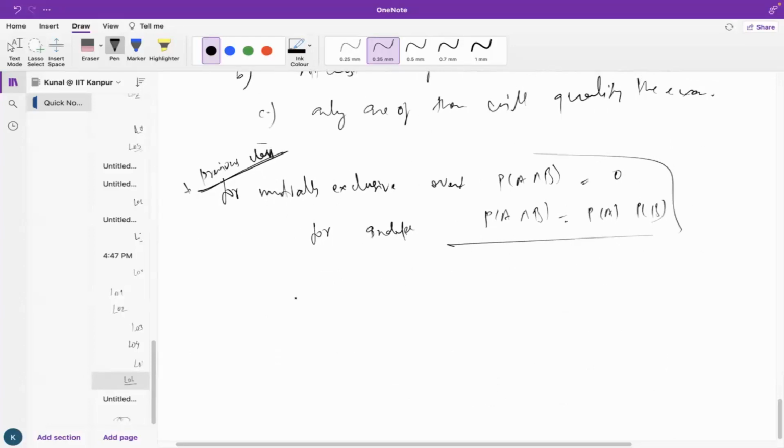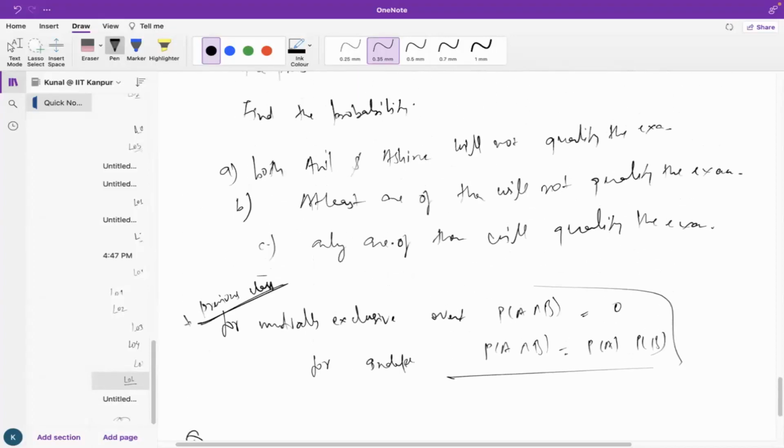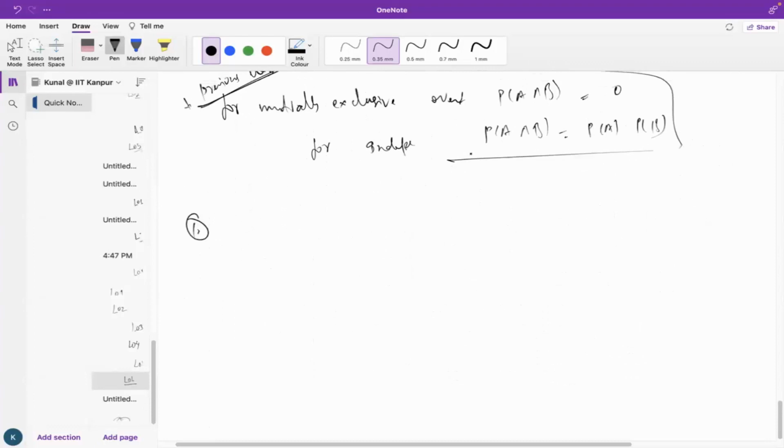So in this class we will discuss the same concept, but यहाँ पे Venn diagram से solve नहीं करी जा सकती है. So what I'm trying to say is that you have to use the same formulas. So let's try to solve this problem based on two students, Anil and Asima. The first thing we have to find is both Anil and Asima will not qualify the exam.